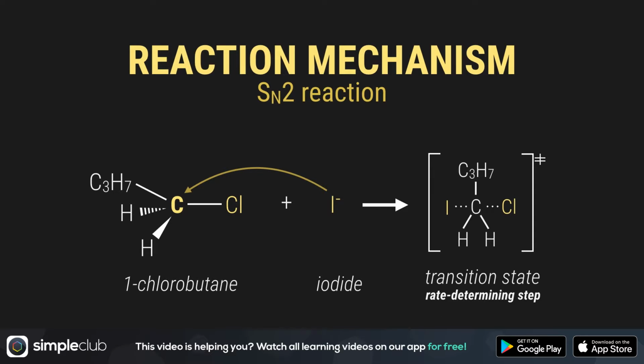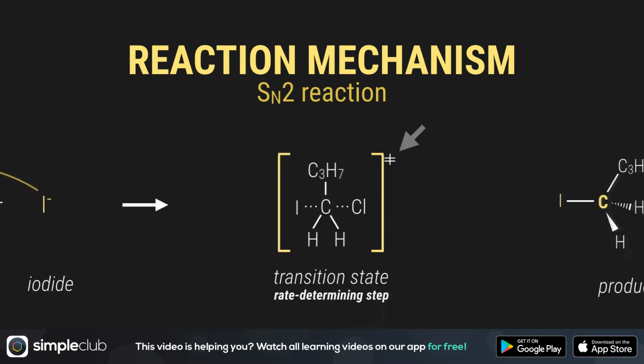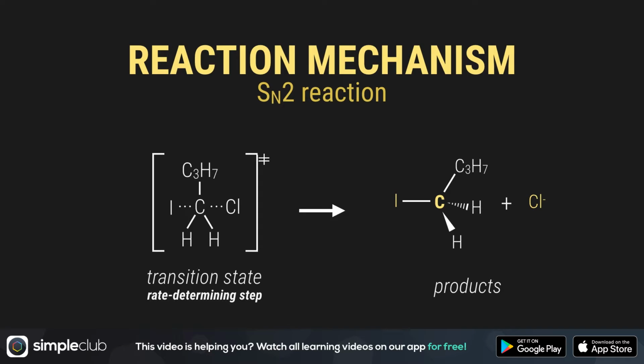It happens very fast, since carbon is only supposed to have 4 bonds and it wants to get rid of that 5th bond immediately. The state we see here cannot be isolated. The fact that this is a transition state is indicated by the square brackets around the molecule and this little symbol at the top right, the double dagger. And here are our products at the other end.